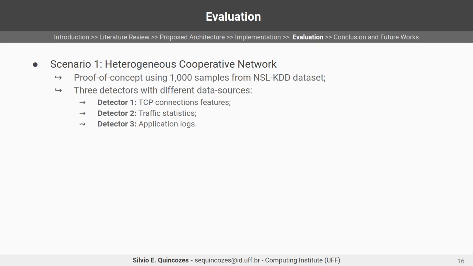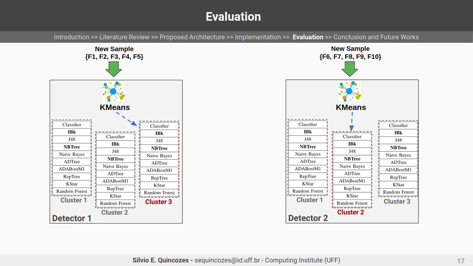So the first evaluation that we performed is to prove that our idea works. In this first experiment, we have 3 detector nodes, and we will take a specific case of conflict between the classifiers of detector 1 and try to solve it by requesting advice from the counselor's network. Consider that a different kind of data source was input to detector 1 and detector 2.